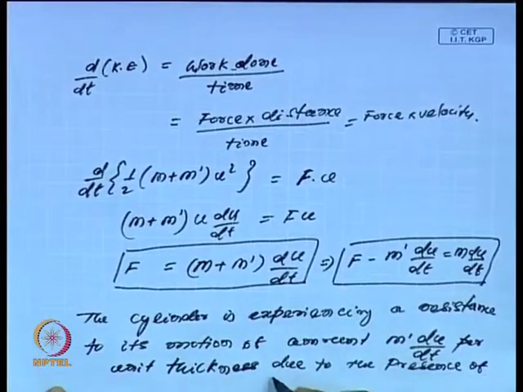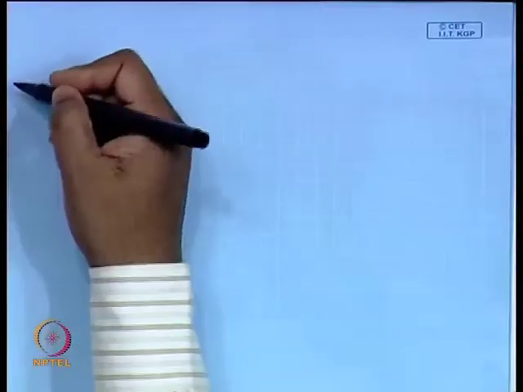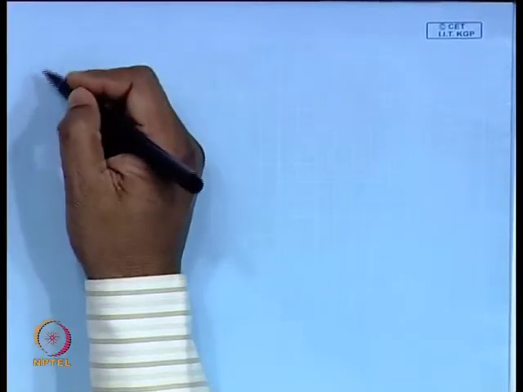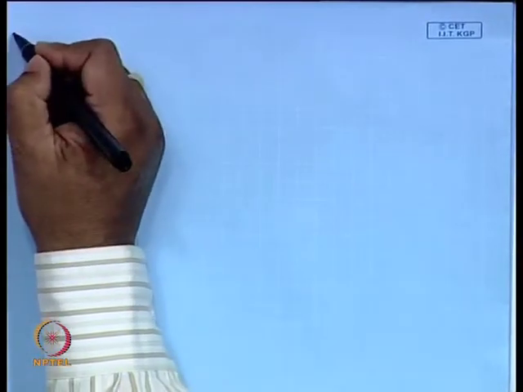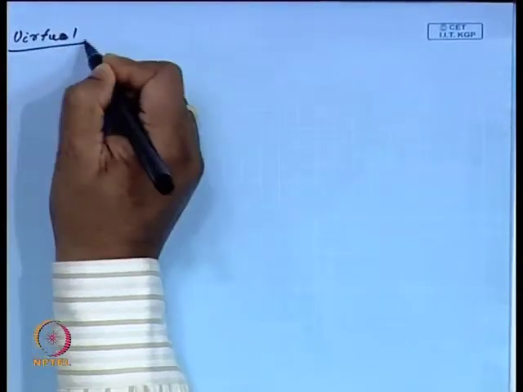Per unit thickness due to the presence of the fluid. So, this is the resistance it is experiencing due to the presence of the fluid, and in the process, I will define another term, what is called virtual mass, in this context.